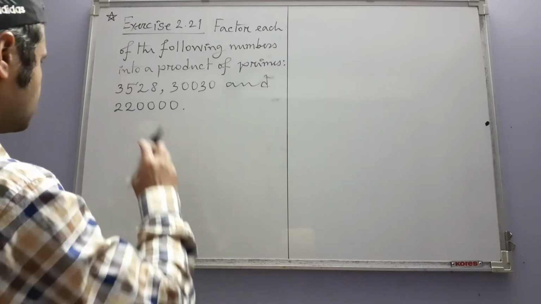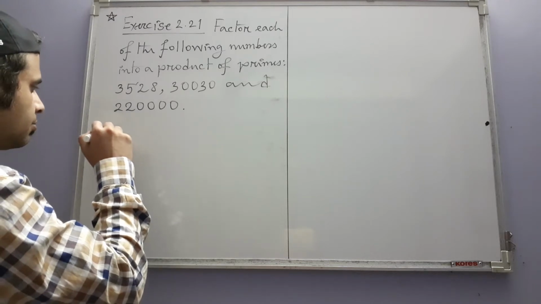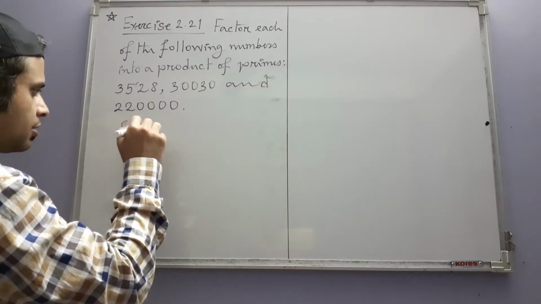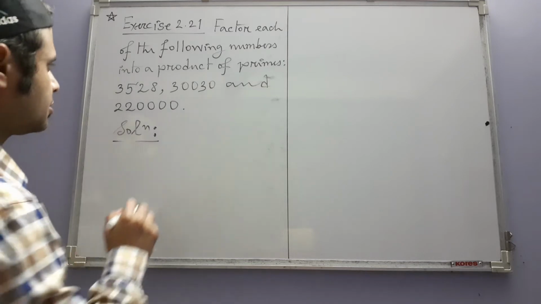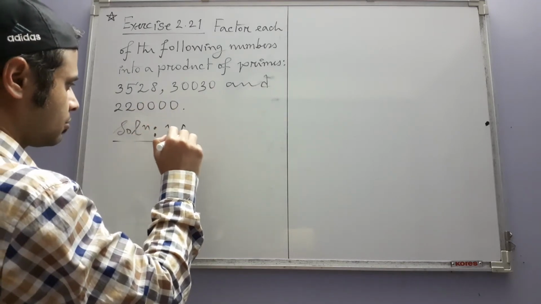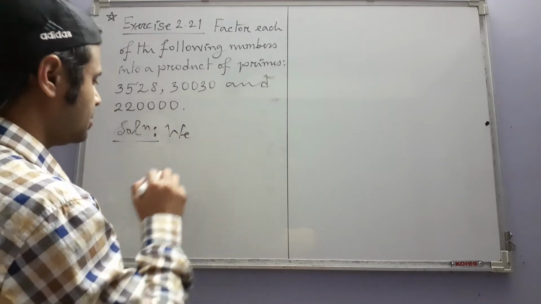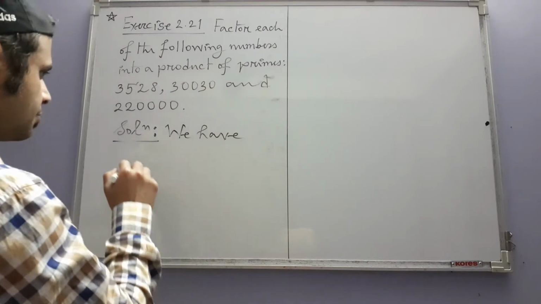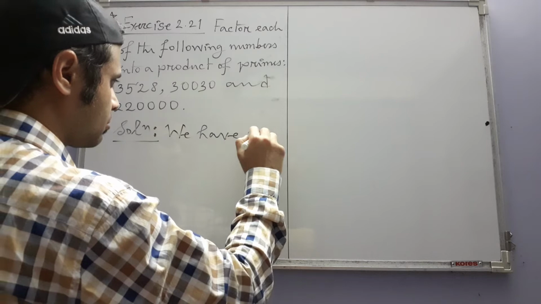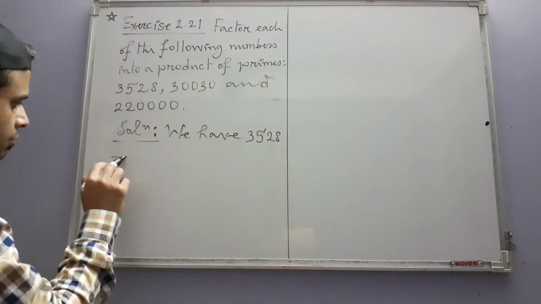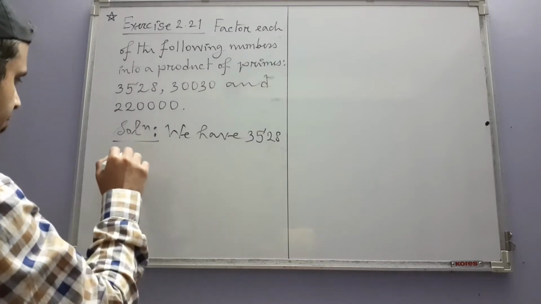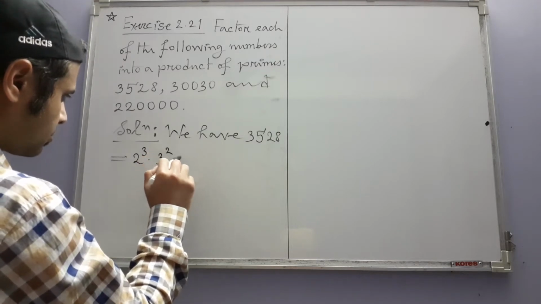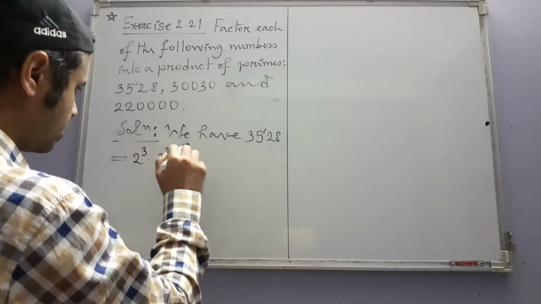The first one is of course extremely basic, and you just have to search for the factors, and you will see the prime factors of these numbers, and we will see that they are just these. 3528 turns out to be equal to 2 cube times 3 square times 7 square.